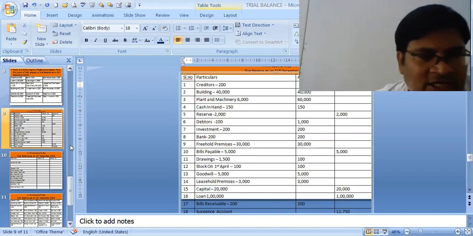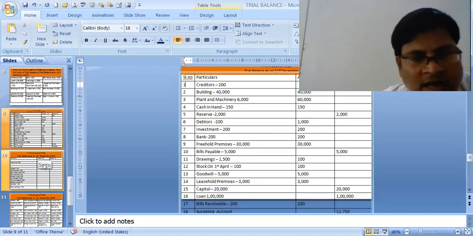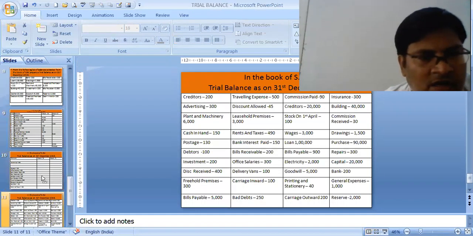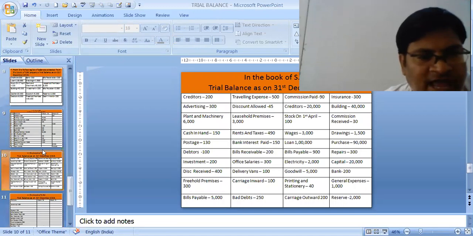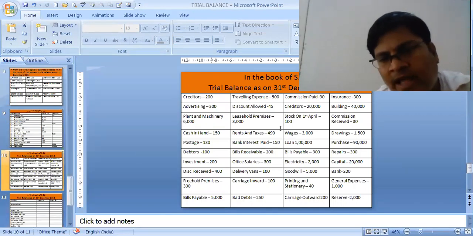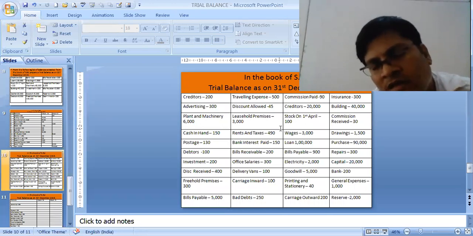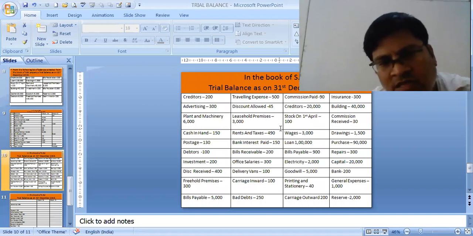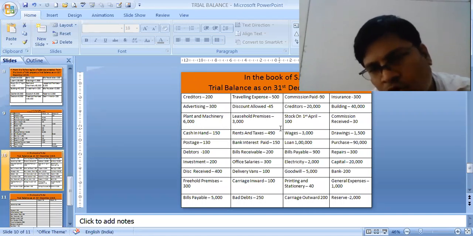Now this much is the class today. I will be giving you one homework. You will be doing it at home. One account, this one. This sum you will be solving at home, and the difference you will be writing in the suspense account. Listen students, in this I have given assets, liabilities, expenses and incomes.